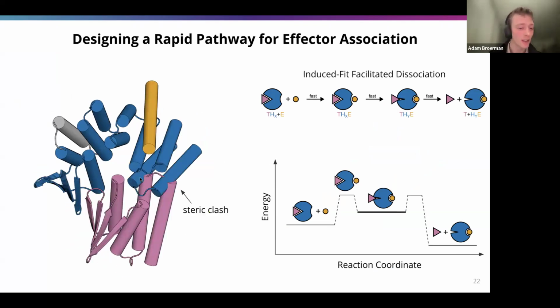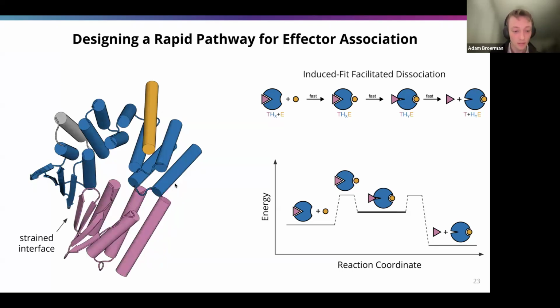I should mention this is not a real physical state. I'm just showing this clash to show the frustration in these molecules. What really happens is that the protein complex will deform quite a bit when this switches into state Y. That puts a lot of strain on this interface with the target, leading to its rapid dissociation.